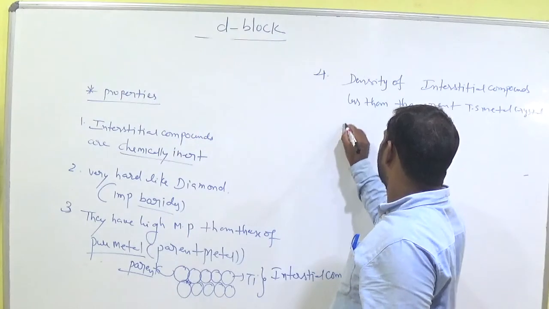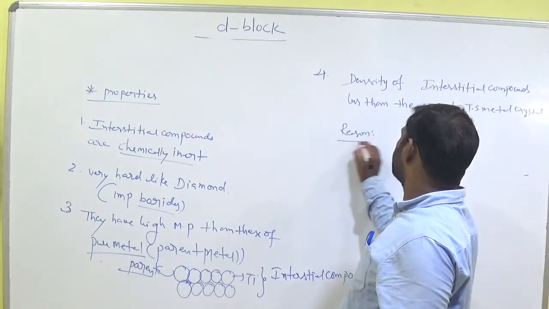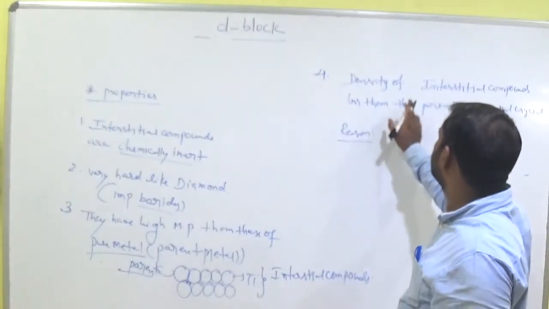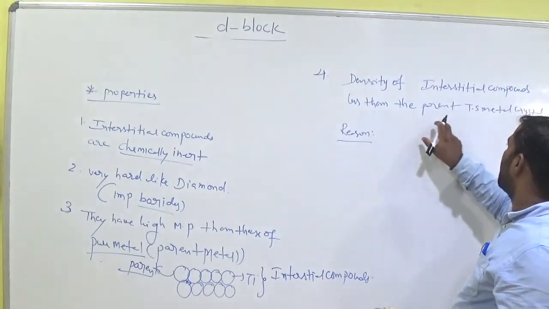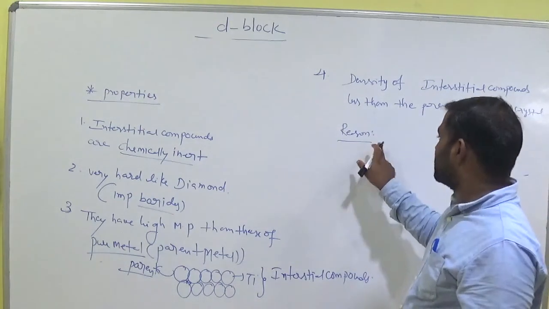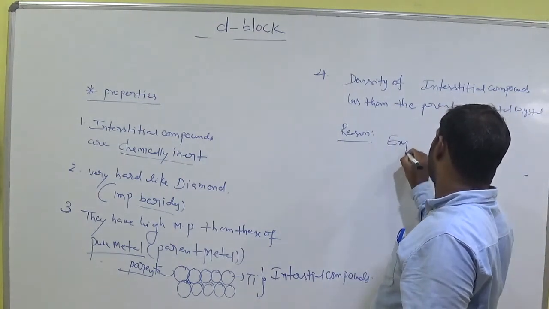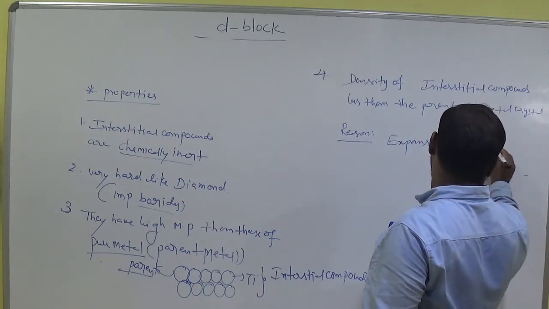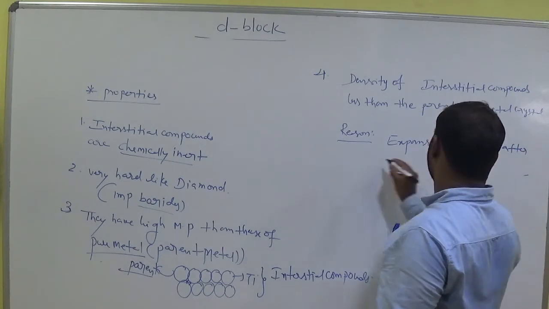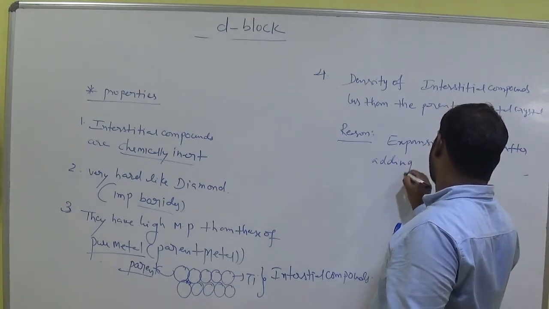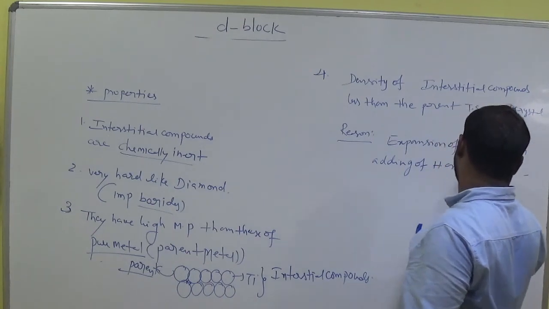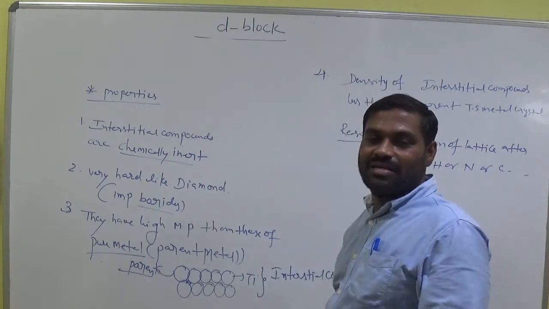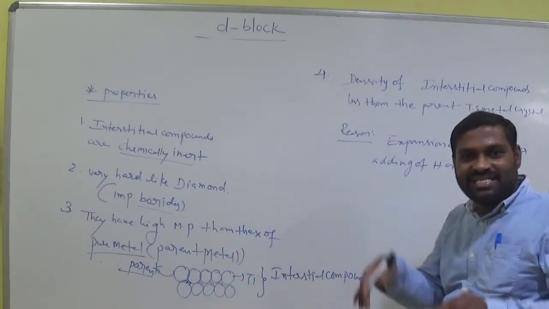So the reason: initially only titanium, it has more density. When we add hydrogen, its density is less. That is the point here. The reason is expansion of the lattice after adding hydrogen or nitrogen or carbon. Its crystal expands, then what happens? Volume increases, then density is less. Clear?